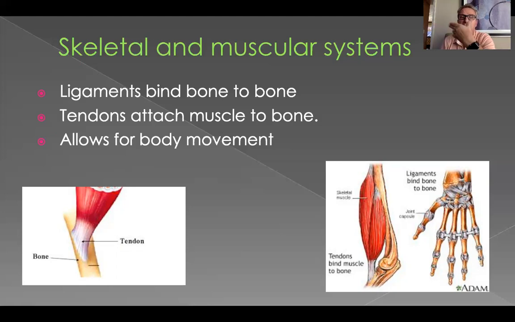So we do have a couple of tendons, which are muscle to bone. The most common is the Achilles, where you have your calf muscle, your gastrocnemius and your soleus, attached to your foot. That would be the most common example when you think about ligaments versus tendons.